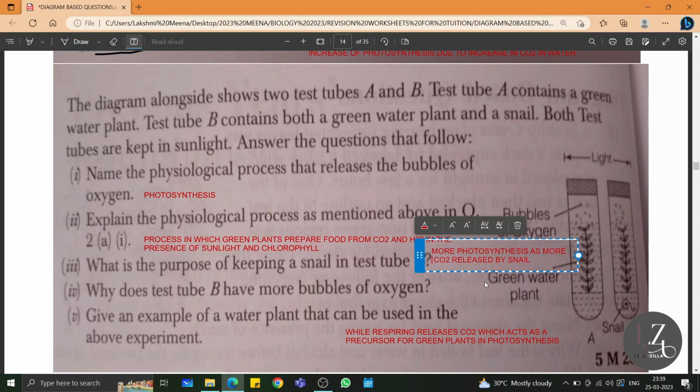More photosynthesis as more carbon dioxide is released by the snail. The respiring snail releases carbon dioxide continuously, which is used by the green plants. So, the rate of photosynthesis is more, thereby releasing more oxygen. Okay. So, give an example of a water plant which can be used in the above experiment. Hydrilla.